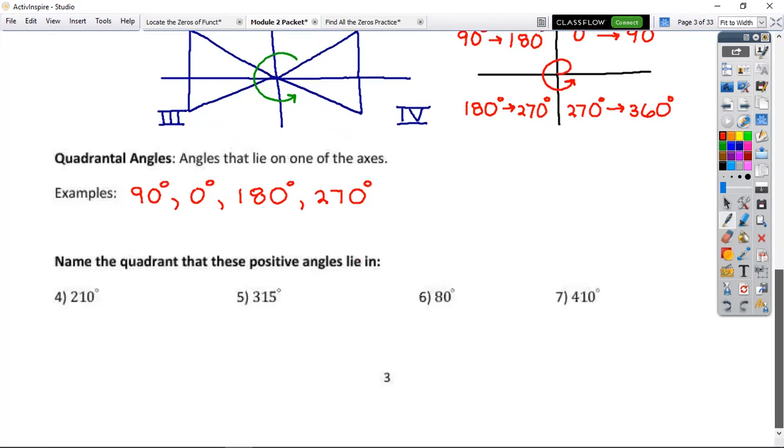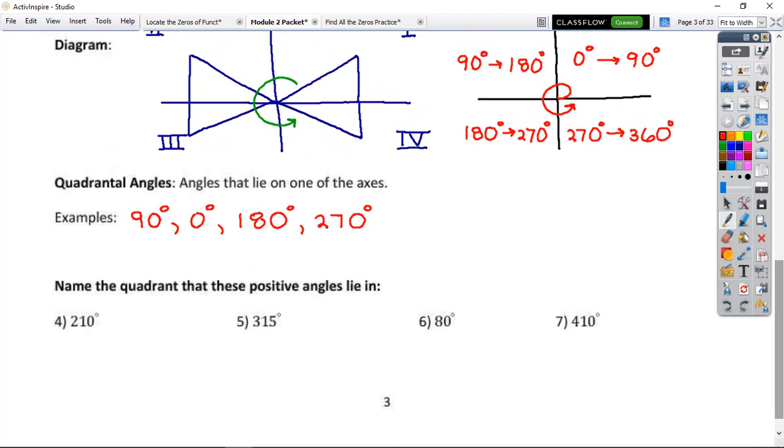Okay. So your problems down below, all we're going to do is look up at this diagram and determine what quadrant those angles fall in. You don't have to show any work. So 210 degrees is going to be located in which quadrant? Perfect. 315 would be in quadrant 4. 80 degrees would be in quadrant 1.